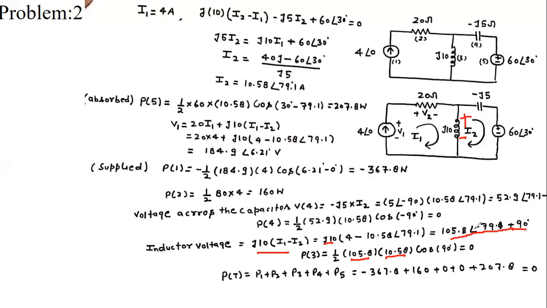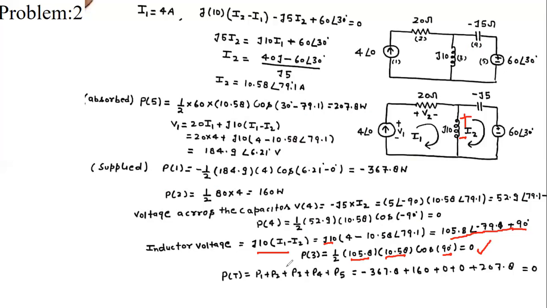When you find theta V minus theta I, this is again 90 degrees, so this power is 0. So the power across the inductor is also 0. So the inductor and capacitor do not consume any power.